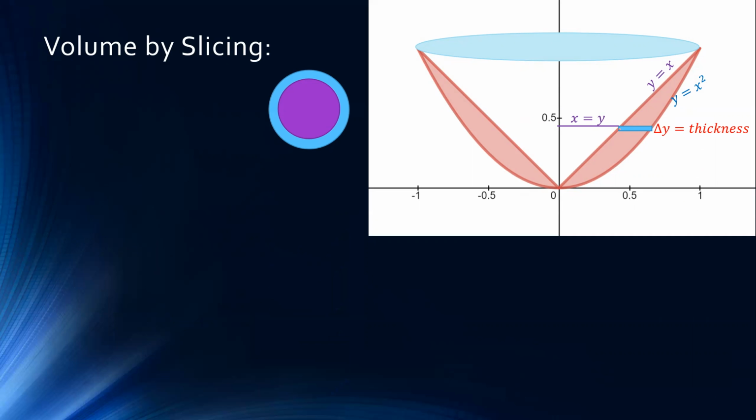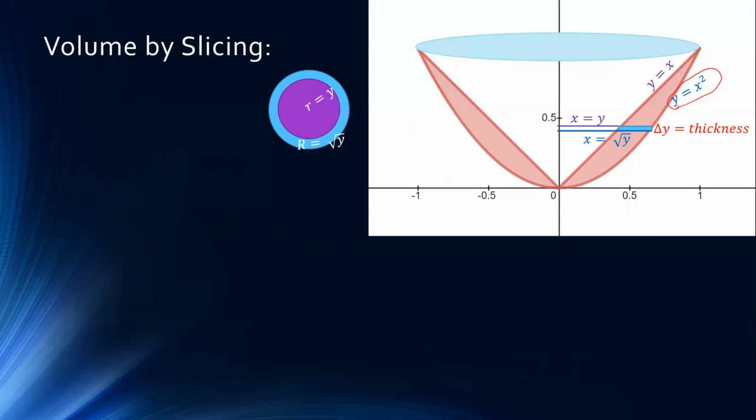And then the outer radius, the bigger radius there, is going to be the x value of this equation here. Solving for x, you would have x equal to square root of y. Okay, so let's put a label on there. Little r is y, and big R is square root of y. All right.